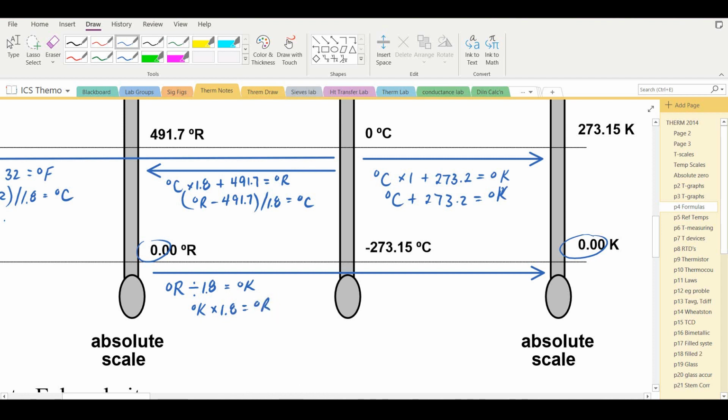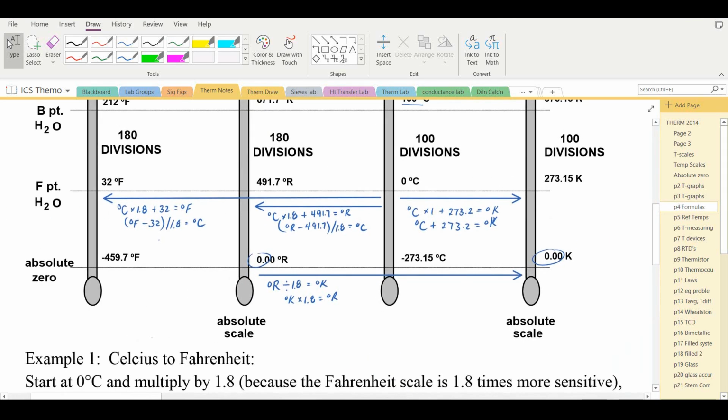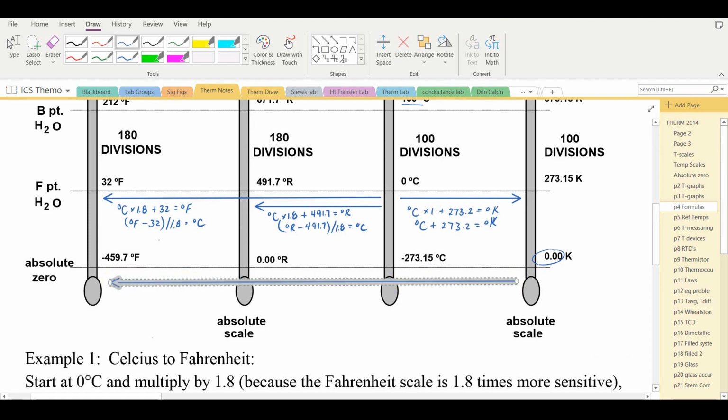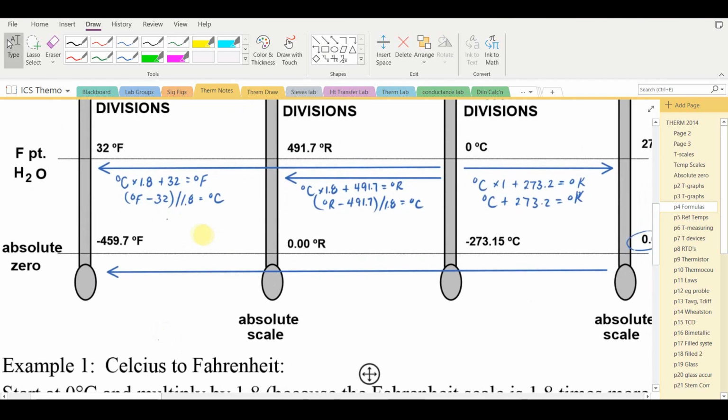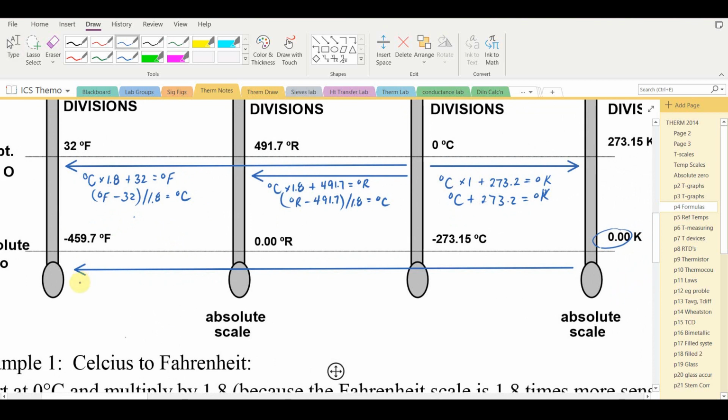Let's try going from, say, Kelvin all the way over to Fahrenheit. So how would you convert from Kelvin all the way to Fahrenheit? Okay, so say degrees Kelvin. What's the sensitivity factor from Kelvin to Fahrenheit? Fahrenheit is more sensitive by a factor of 1.8. So you're going to multiply, not divide, but multiply by a factor of 1.8. 0 times 1.8 is 0.